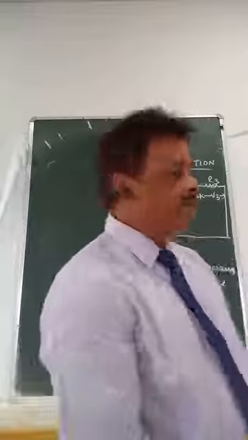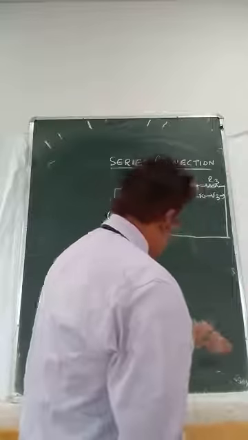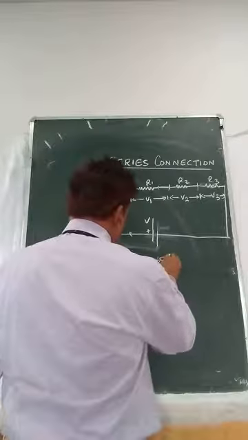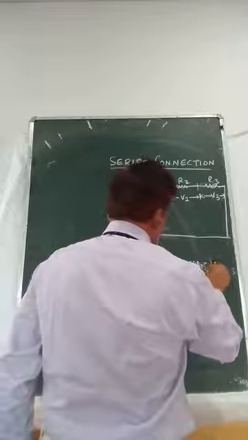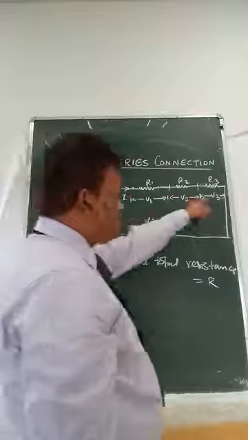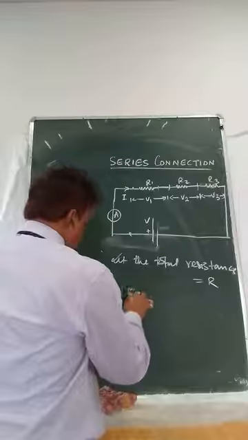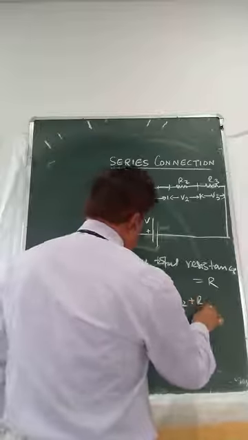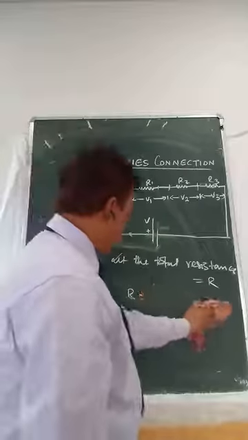Now suppose the total resistance equals R. That means R will be equal to R1 plus R2 plus R3, but this is not required now.